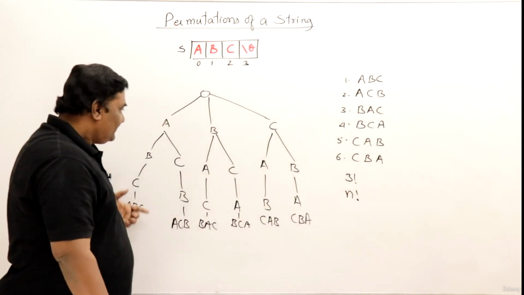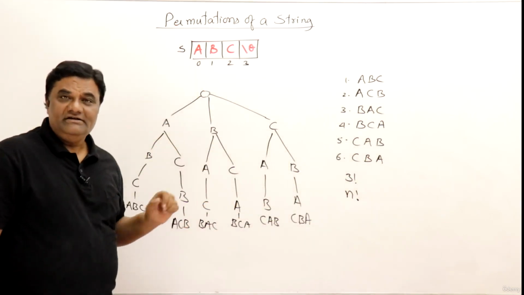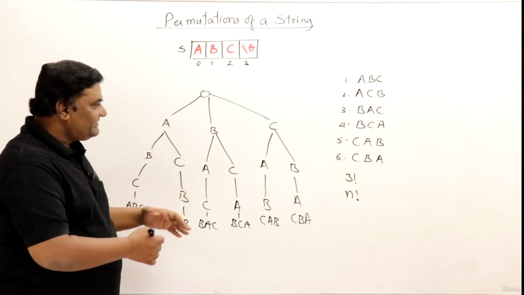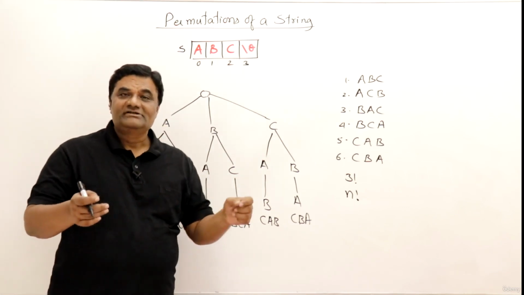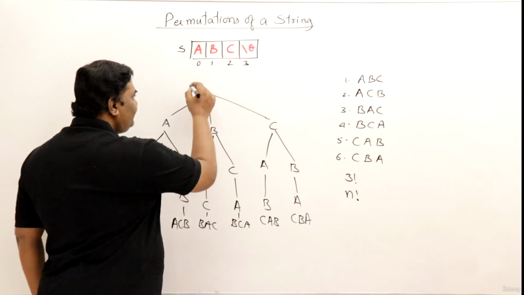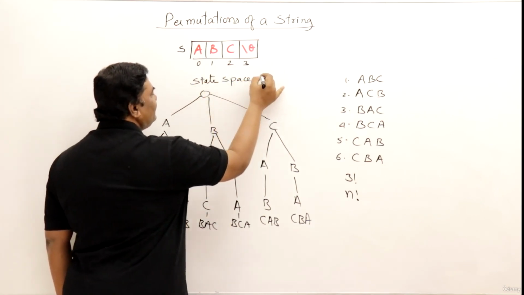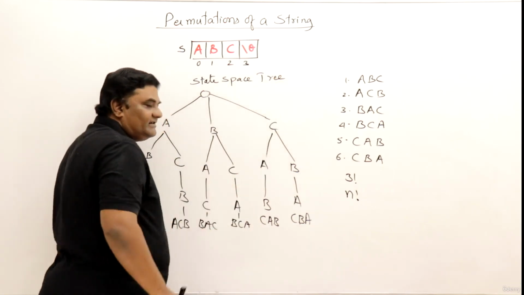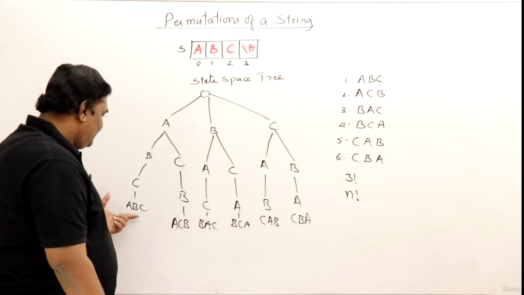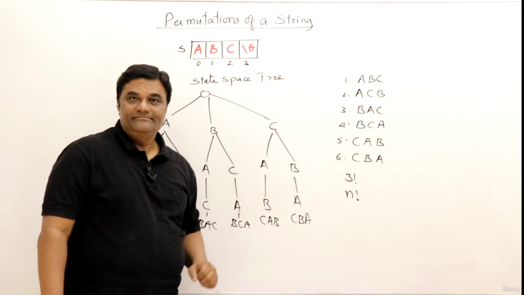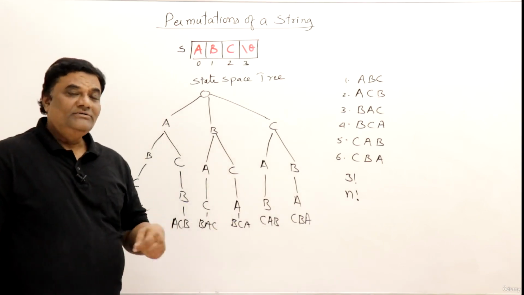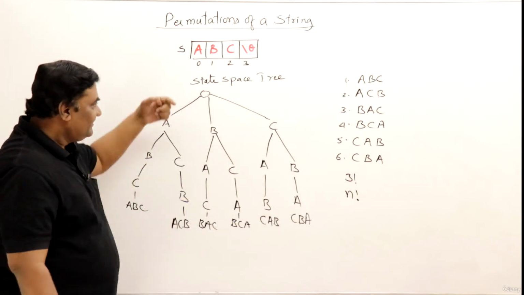So this is forming a tree. This tree represents all the various possible solutions. We can call it a state space tree, where the leaves show us the results. Then one more thing we will observe about the tree.